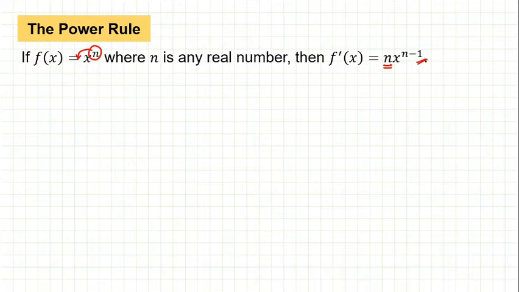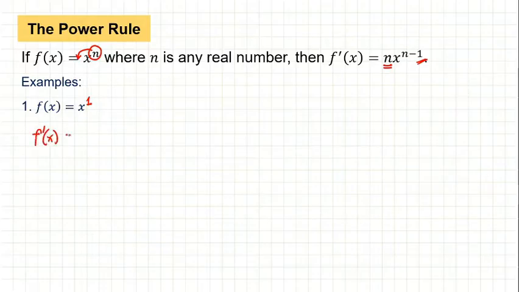For example, suppose we have f of x equal to x. Take note x has an exponent equal to 1. So therefore, this function is of the form x to the n. And since our n is 1, we can apply the power rule. So we have f prime of x is equal to, we will just bring down 1, our exponent.